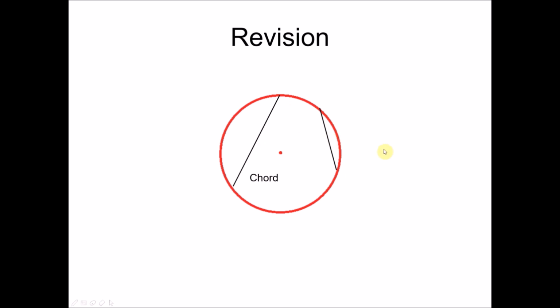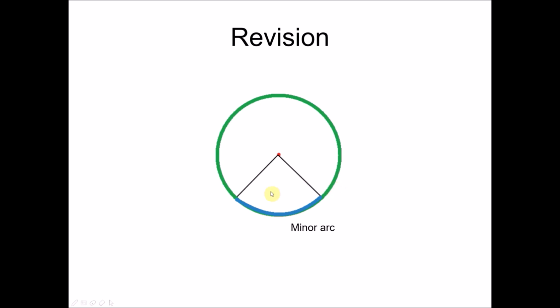This is a chord. Now if we have two radius connected like this, and from this point along this part of circumference until this point here, which is denoted by the blue line here, this we call a minor arc. It is a minor arc because it is the smaller part compared to the bigger side here, which is represented by the green line.